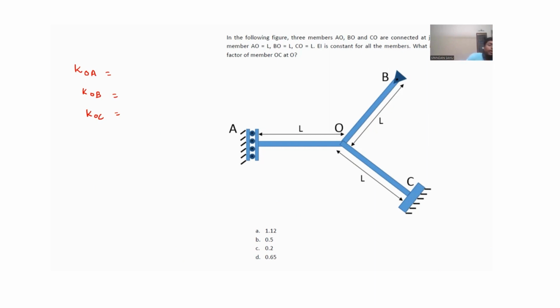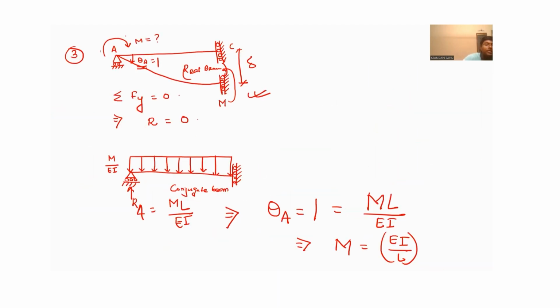KOA is EI upon L. Can you derive it now? One end is shear hinge and one end is hinge support. So we have derived it here. It is the third case.